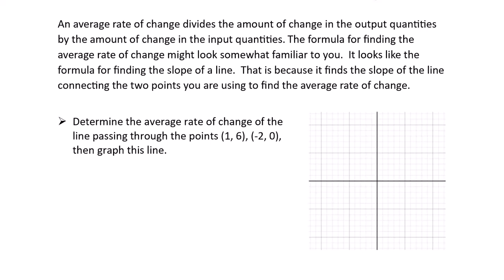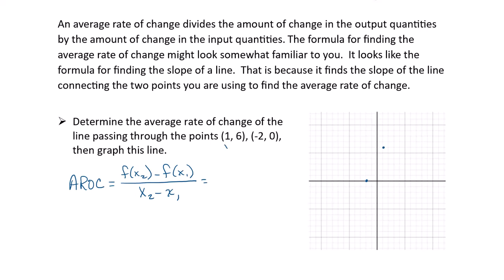So let's determine the average rate of change of the line passing through the points (1, 6) and (-2, 0). My average rate of change is equal to f of x sub 2 minus f of x sub 1 divided by x sub 2 minus x sub 1.